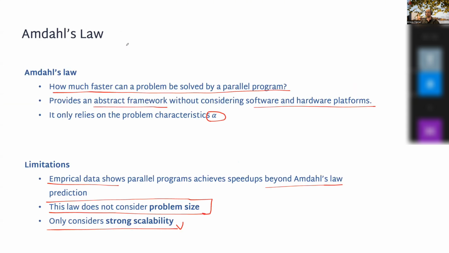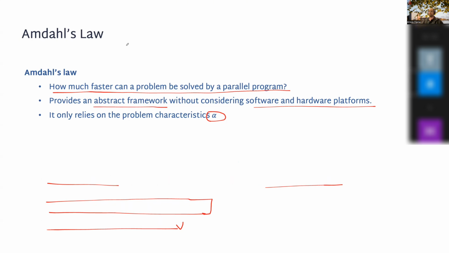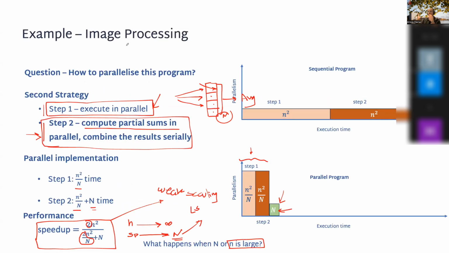One slide before this. Yes, here. You said that the speedup is n, but if n grows larger than the number of our inputs, then it doesn't speed up anything.